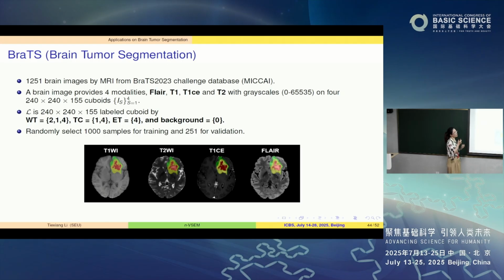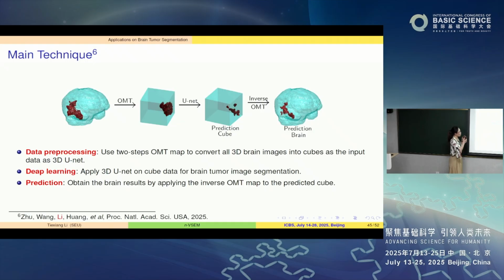Our goal is to do the segmentation to find three different regions. We call them WT, TC, and ET. WT is the whole tumor, TC is the tumor core, and ET is the enhanced tumor. That is this application problem. Of course, we want to use an AI model for this target, but our contribution is actually the data pre-processing. Here, I want to introduce our main technique.